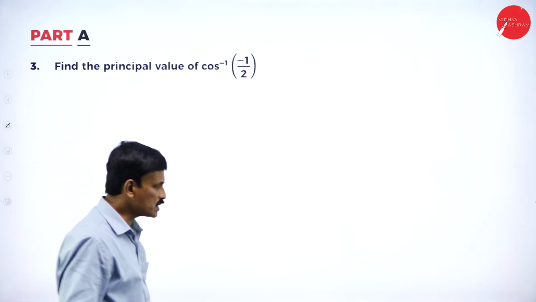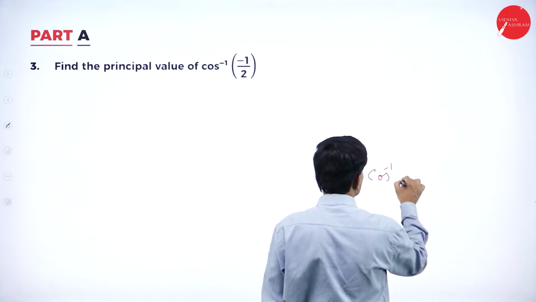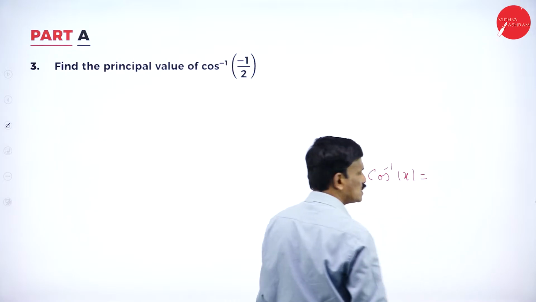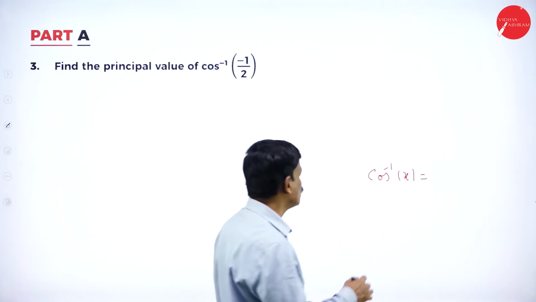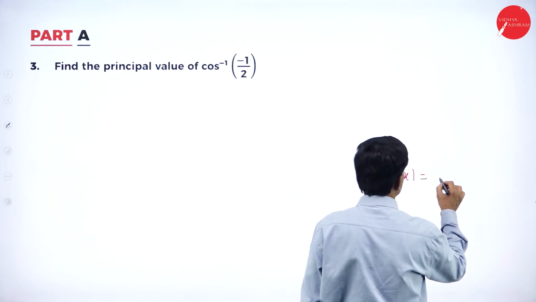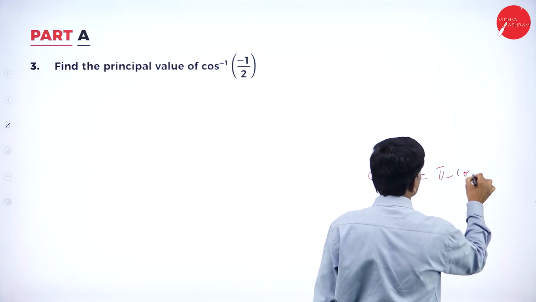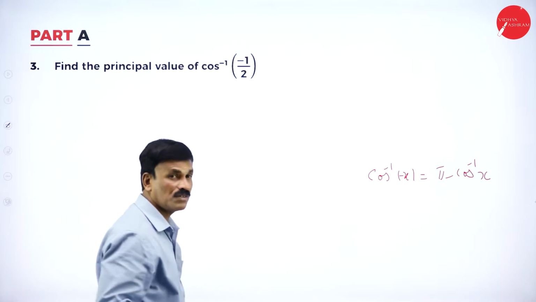Now, you might have studied, if cos inverse x is positive, meaning the x value is also positive, for cos inverse of minus x we write it as pi minus cos inverse of x. Now, what is the value of cos inverse 1 by 2?